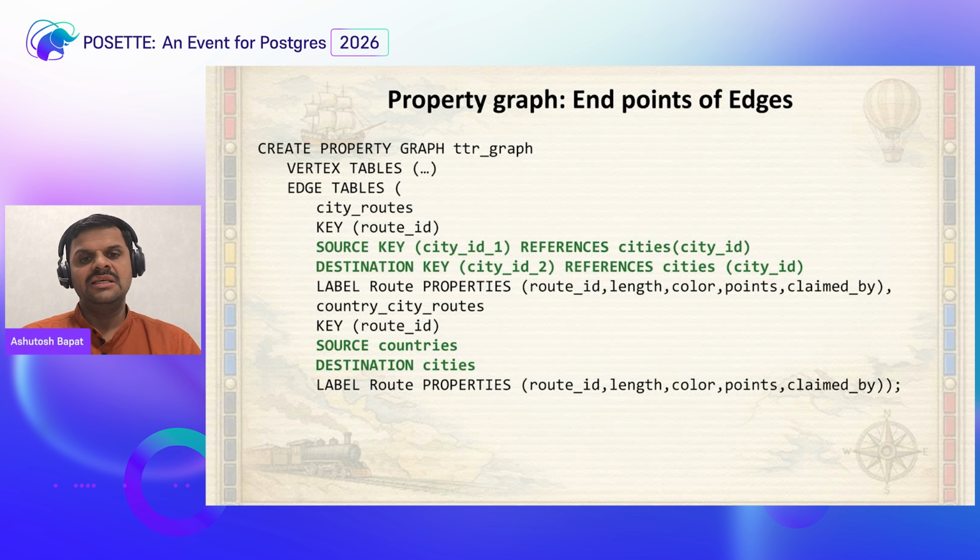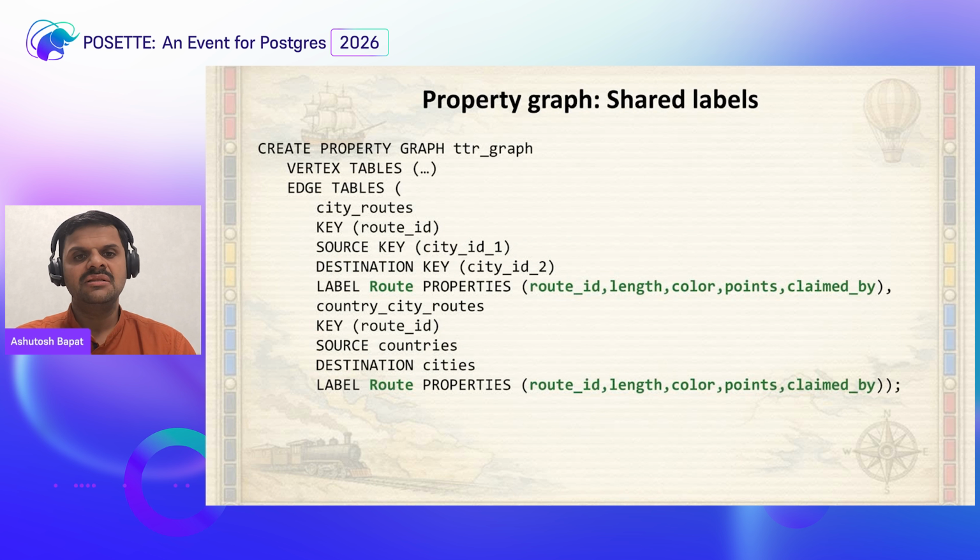When that foreign key is clear, as in the example of country city routes, we can get rid of the key references part of that component and just say source is countries, destination is cities, so that it knows that the edges of country city routes have their starting vertex in the countries table and the end vertex in the cities table.